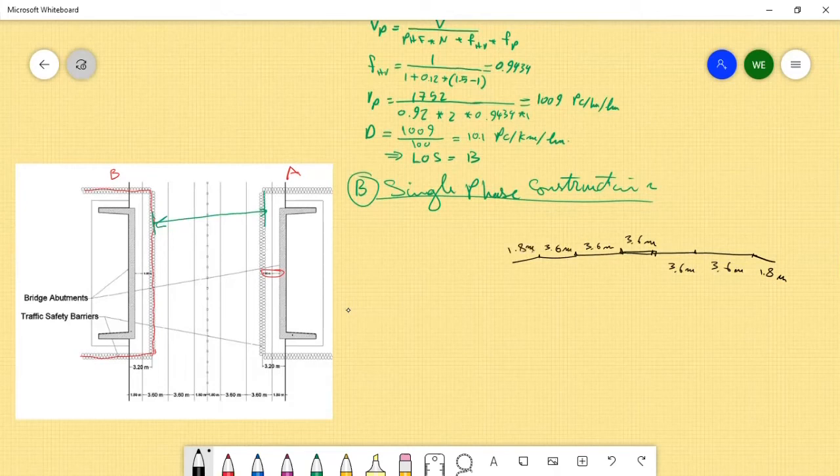So during construction, this barrier will be 3.2 from the beginning of the shoulder. So that means 3.2 meters, and here 3.2 meters.